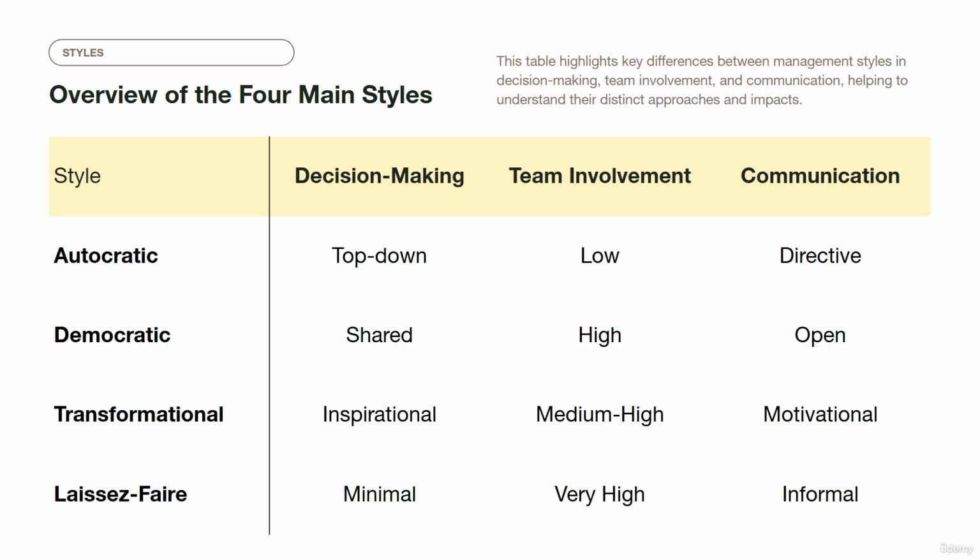Laissez-faire, which is a French phrase that we use in English, means that the management are there in sort of an oversight way, but they're not involved very much in decision making. Team is highly involved, and team probably runs the majority of what's going on, and communication tends to be quite informal.